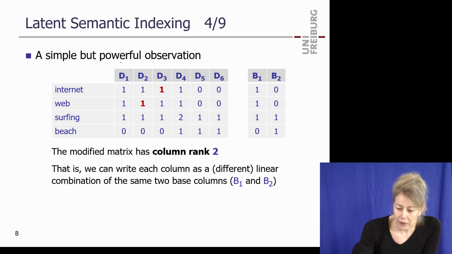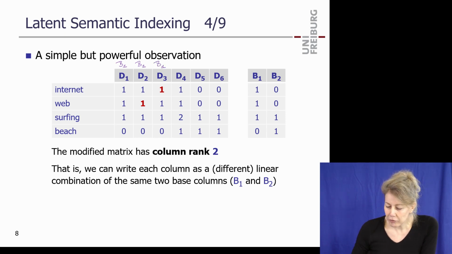So the D1 is actually just B1, right? D2 and D3 are also just B1. What is D4 expressed as a linear combination of B1 and B2? Yeah, it's just the sum of the 2, and that's a linear combination. So in this case, the linear combinations are really simple.